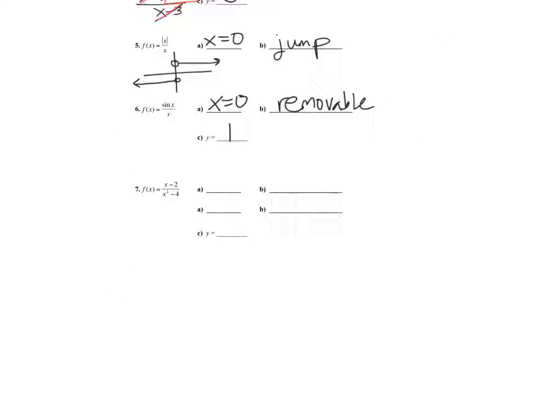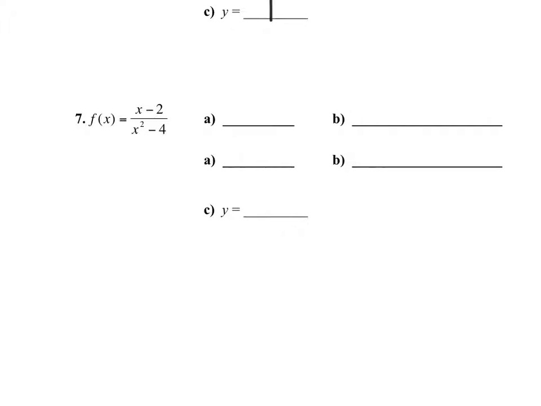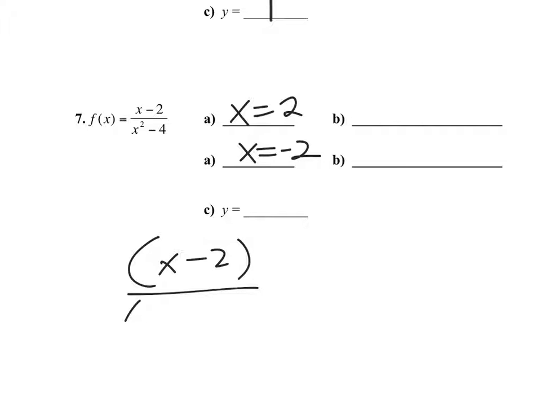Okay, number 7. Ooh, look at this. There's a lot of different things here. Okay, so there are 2 points of discontinuity. Yep, 2 and -2. If you were to factor this, or you can graph it, whatever way you like to solve these, I like to factor.